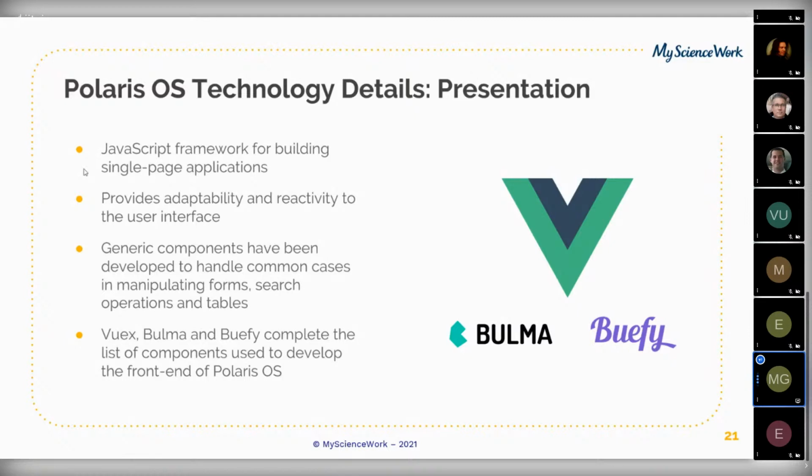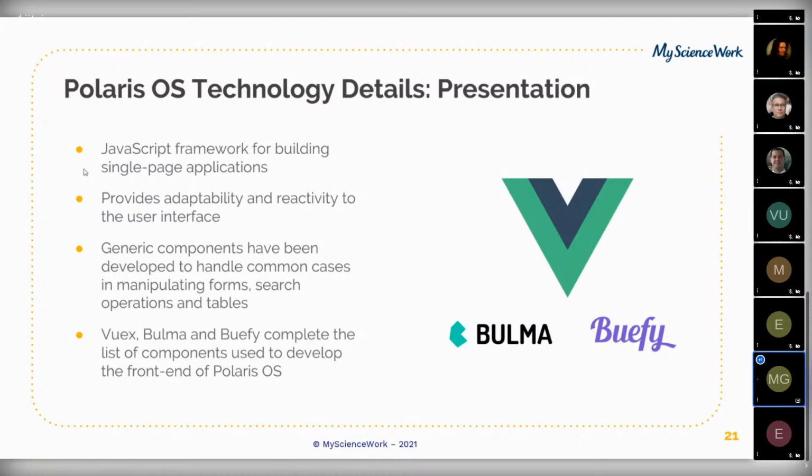The main reason why Vue is there is that the first selection that was made for Polaris was React, a little bit over 3 years ago. But at the time, React was made by, or supported by, Facebook, and exactly at the time we were developing Polaris OS, there was a change in the license of React that wasn't clear.